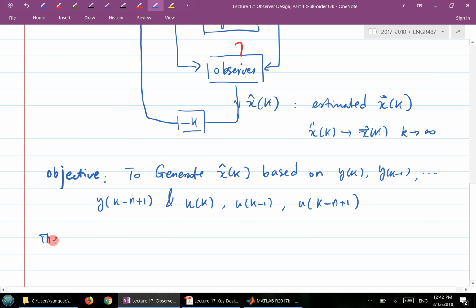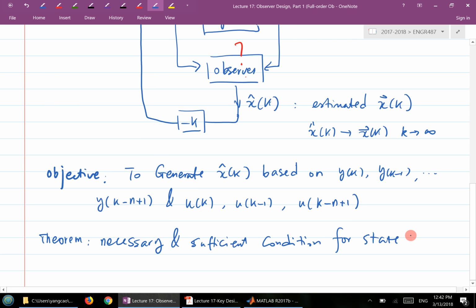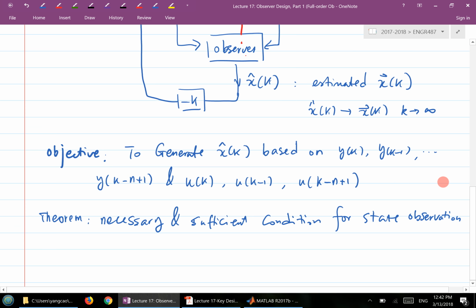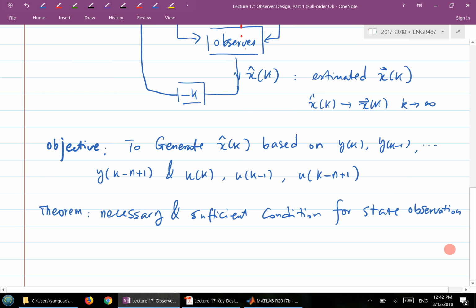You need to make use of all available information to generate the estimate of x of k. Before we move on, we need a theorem, just like the theorem for arbitrary pole placement. Here we need a theorem for arbitrary observer design: the necessary and sufficient condition for state observation. Under what condition can you realize a state observer?